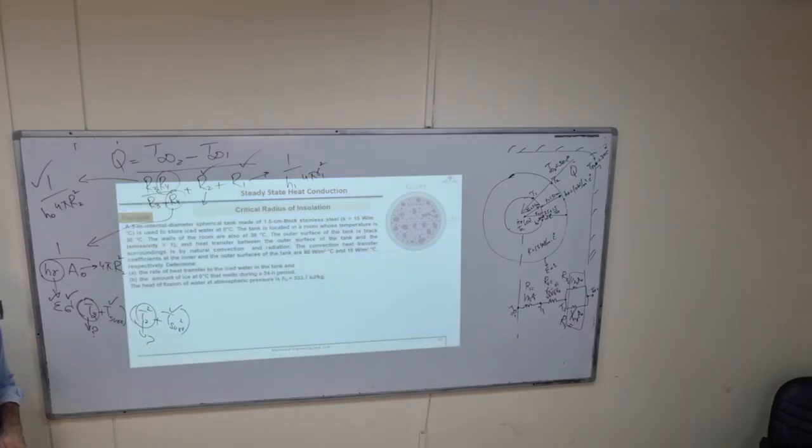T2 we have to assume and then check later. So we need to assume some appropriate value of T2 and later we can check whether it is good. So assume T2, find out everything, find out Q dot, and then we shall check whether the assumed T2 was correct or not.